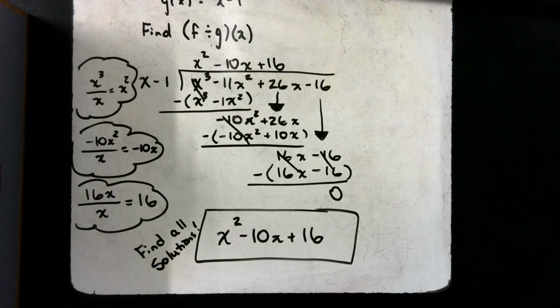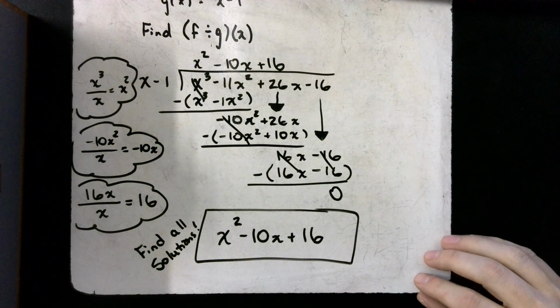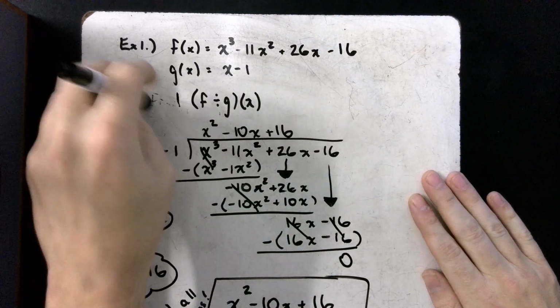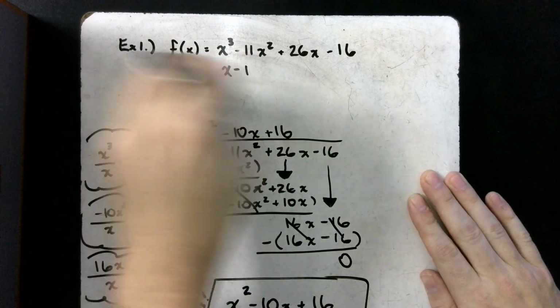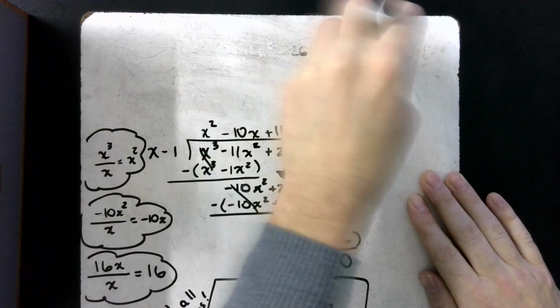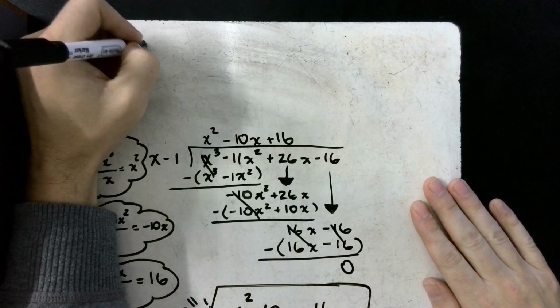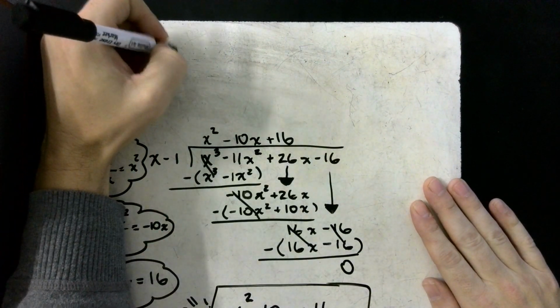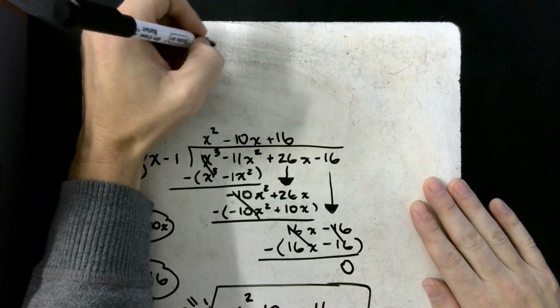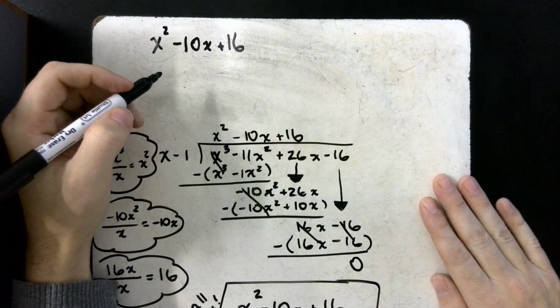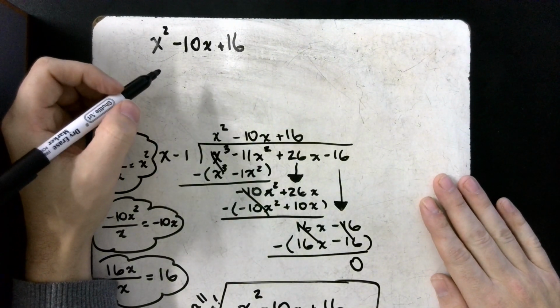This goes back into factoring, and so we will need to factor this next portion in order to get our answer. So let's get rid of some of this stuff up here. Leave my division there for a second, and I will take x squared minus 10x plus 16, and what I'll end up doing is either factoring or doing the quadratic formula or some solving technique.